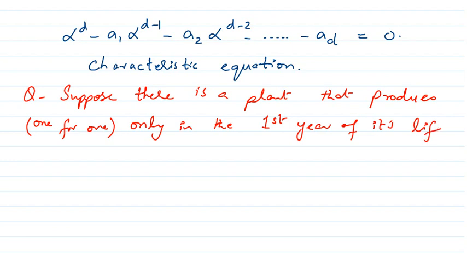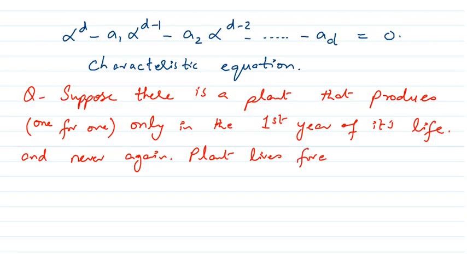That is, it is going to produce a new plant only in its first year of life. Once it has switched into the second year, it is not going to produce anymore. So it is going to produce only in the first year of its life and never again, right? The plant lives forever. It is never ever going to die.